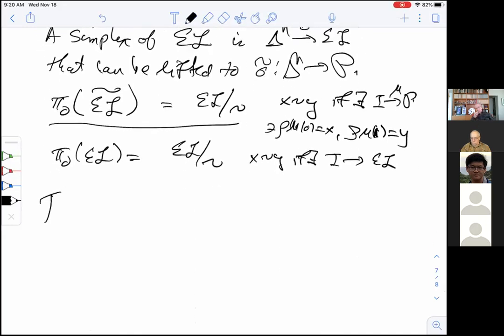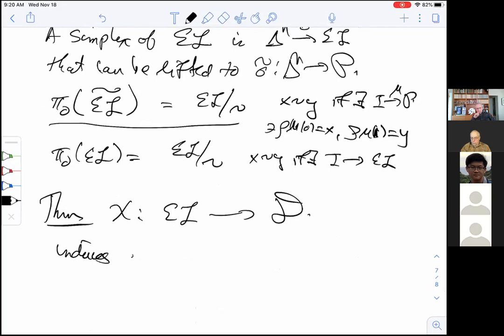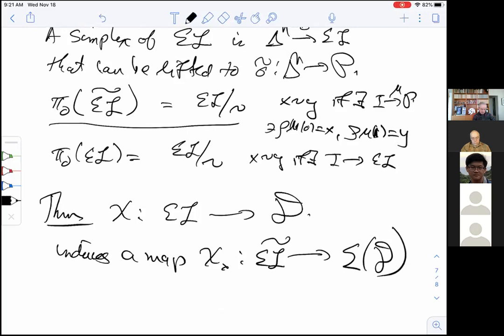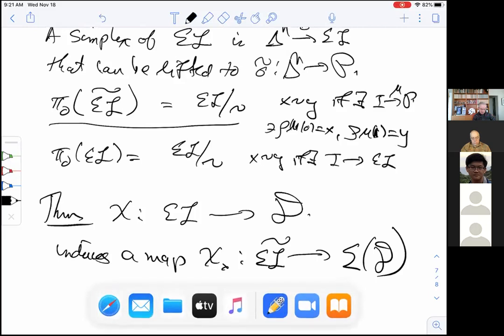And so the theorem is that chi mapping EL into the descending disk space induces a map, chi star, shall we call it, from this subsimplicial complex made out of the elementary paths into the singular simplicial set of D.